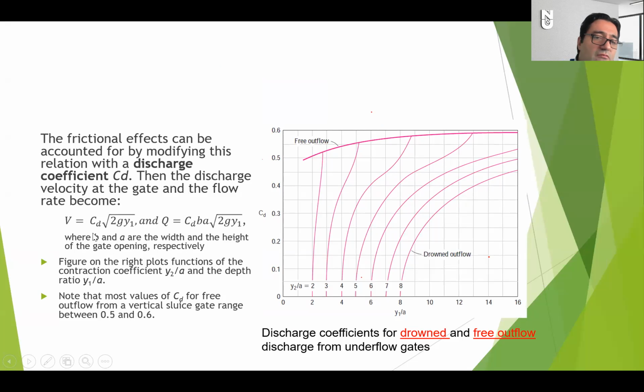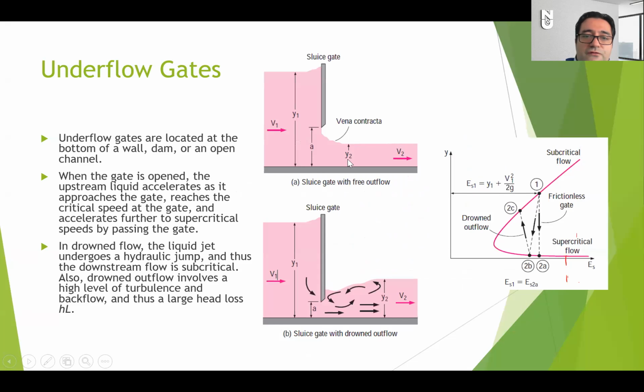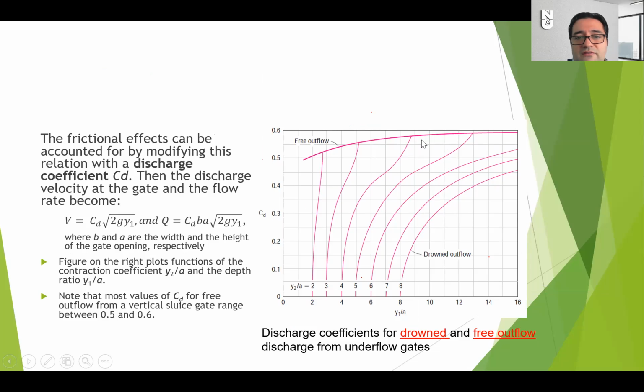And one more thing to add, this sluice gate coefficient is different for free outflow and drowned outflow. And this is one of the best models which tells us how you can estimate the discharge coefficient. Also please note that the discharge coefficient typically ranges between 0.5 and 0.6.